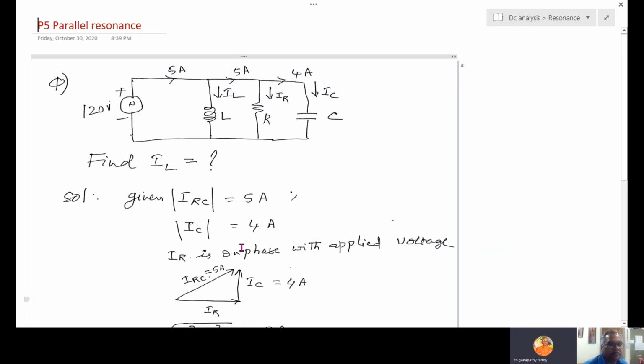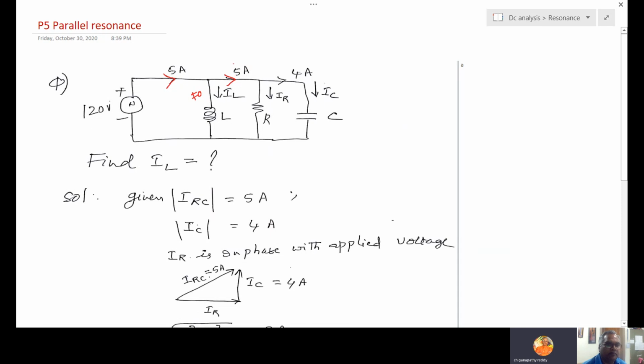This current is 5, this current is also 5. Therefore, is this 0? 5 entering, 5 going, therefore this is 0? No, not like that. IL is flowing, but still both the currents should be the same.